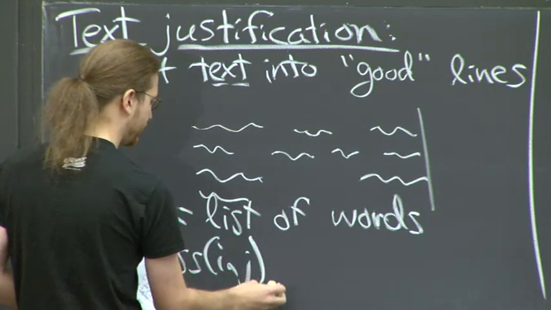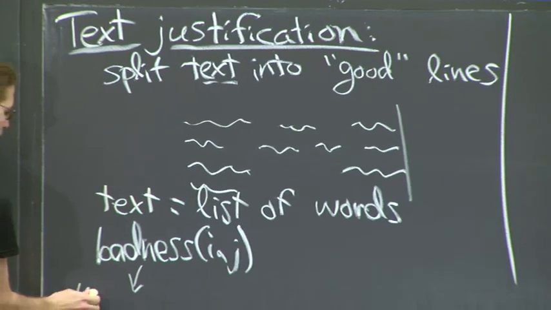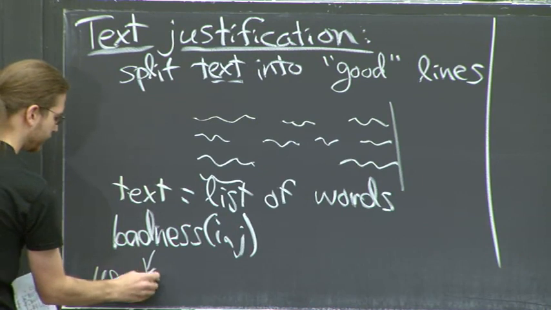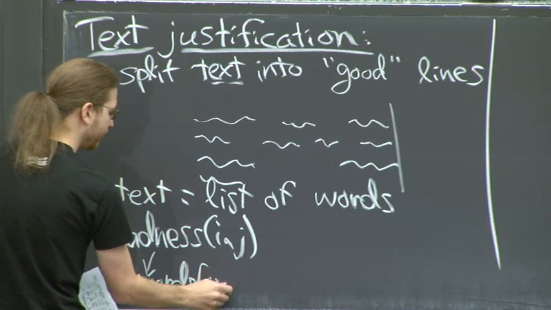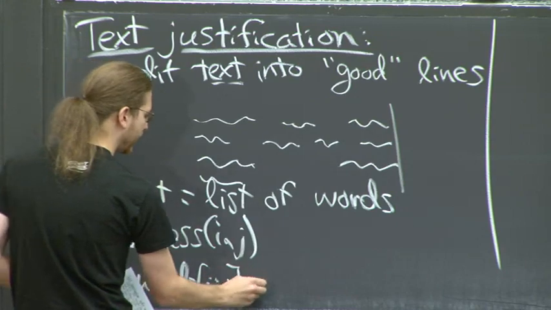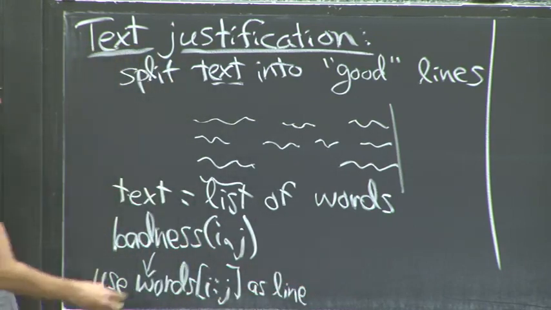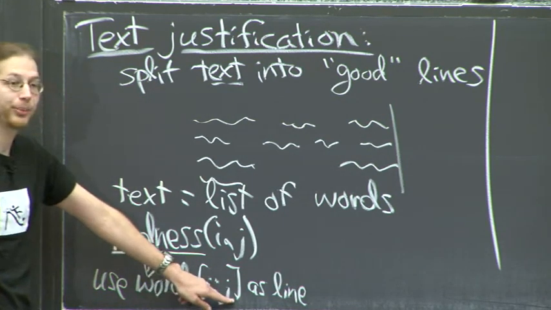This is how bad it is to use words i through j as a line. This is Python notation, so it starts at i and ends at j minus 1.